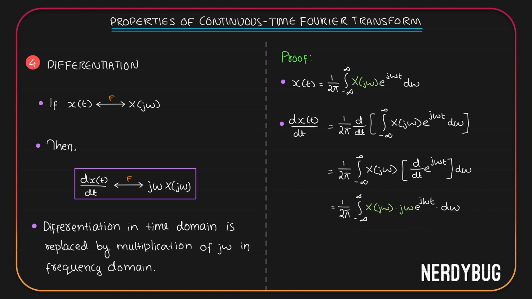Comparing this with the general synthesis equation, we can see that the only difference is instead of x of j omega, here we have x of j omega multiplied by j omega. So if x of j omega is the Fourier transform of x of t, then x of j omega multiplied by j omega is that of d by dt of x of t.